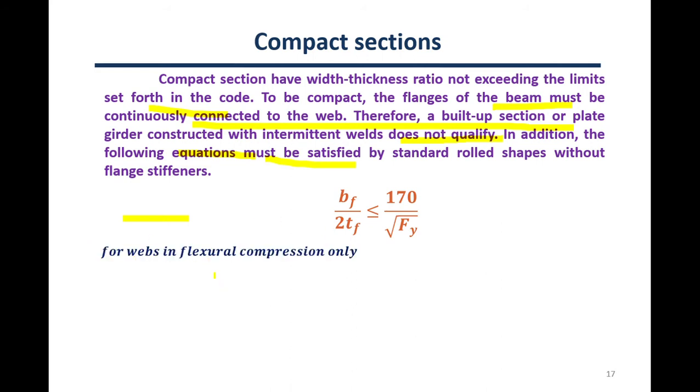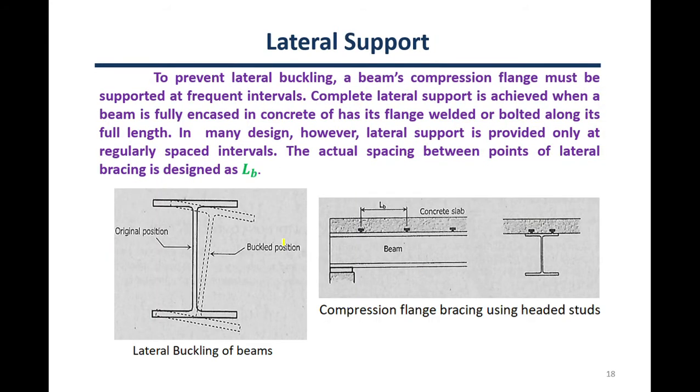For a web in flexural compression only, d over the thickness of the web is less than or equal to 1680 over square root of Fy. To prevent buckling, a beam's compression flange must be supported at frequent intervals.